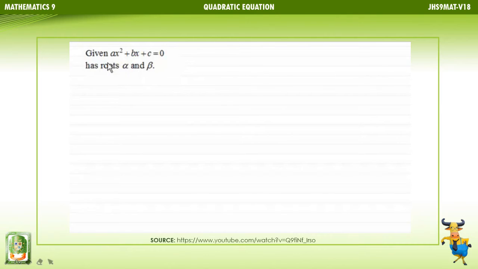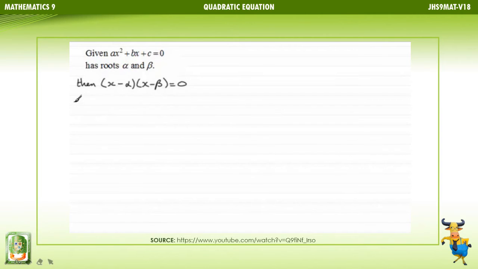So, if we're given a quadratic equation ax squared plus bx plus c equals 0, where a, b and c are constants, and that quadratic equation has roots alpha and beta, then clearly we could say that this came from the factorized equation x minus alpha times x minus beta equaling 0, which would lead to x equaling alpha and x equaling beta, the roots of the quadratic equation.